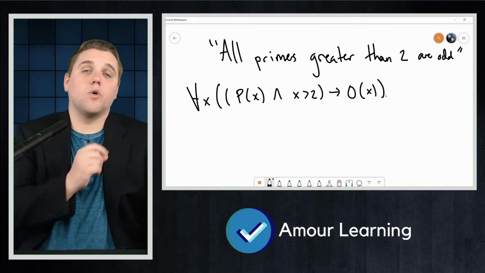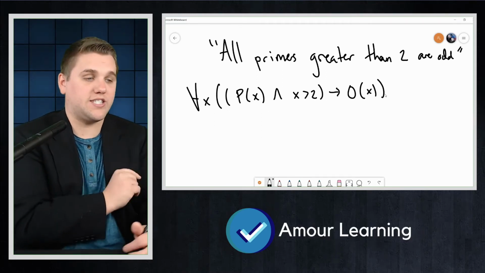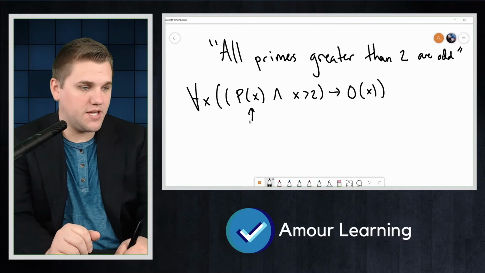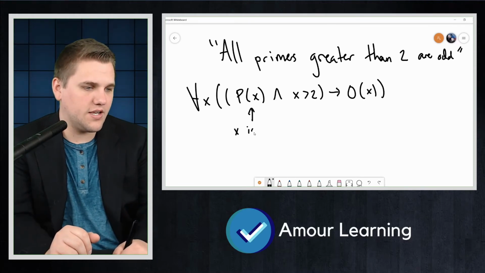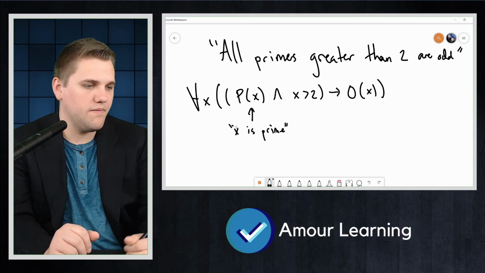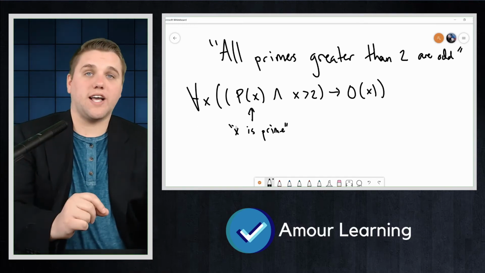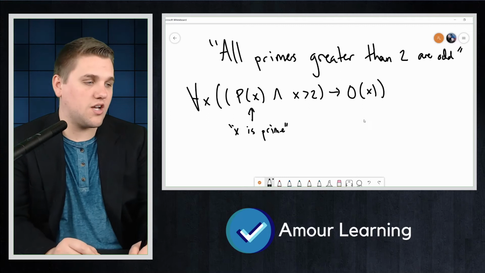In this case, we're using P of x to denote x is prime, and O of x is used to denote that x is odd.